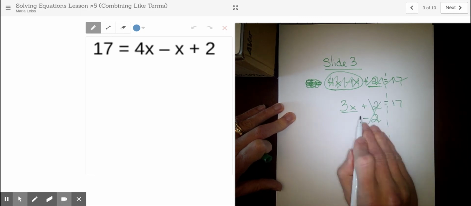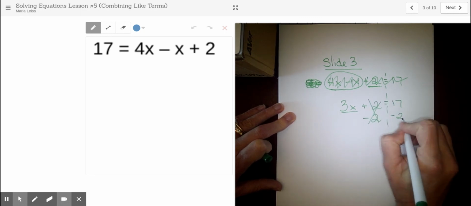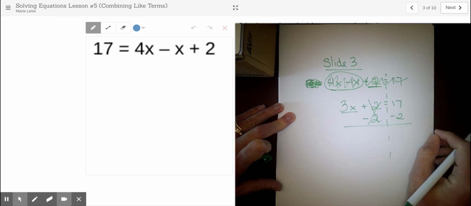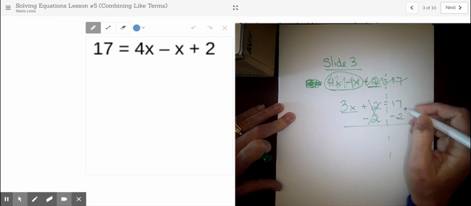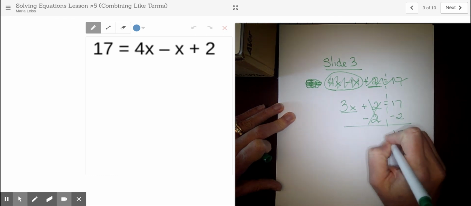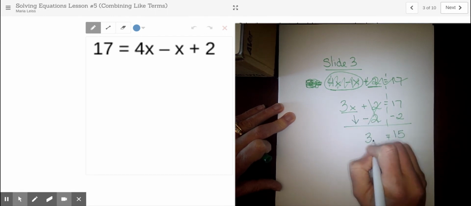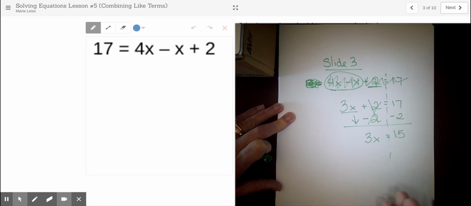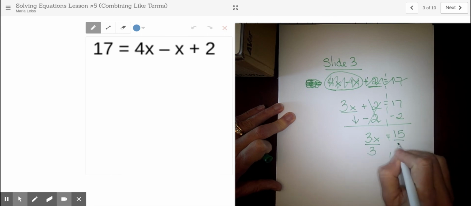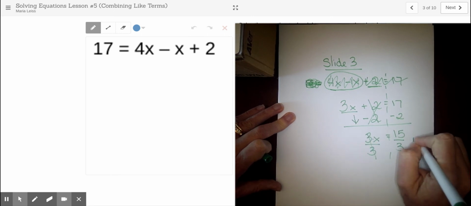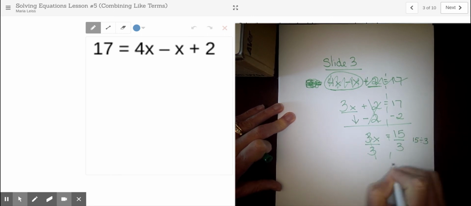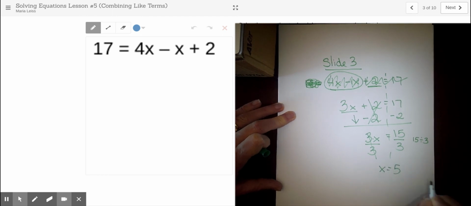But don't forget, whatever I do to one side, I have to do to the other. 17 minus 2 is 15. Didn't touch that 3x yet, so it gets brought down. And now we're back where we were. 3 times x equals 15. Undo multiplication with division. So 15 divided by 3, x equals 5.